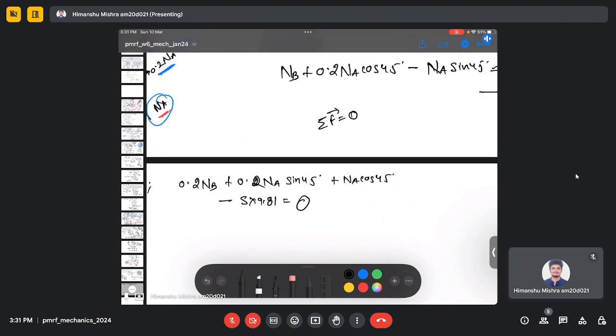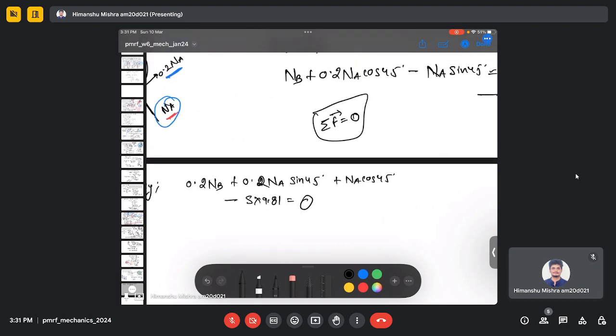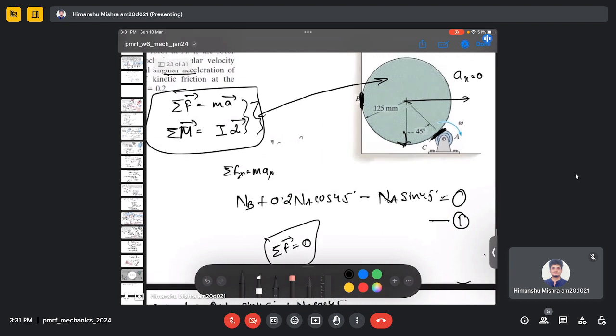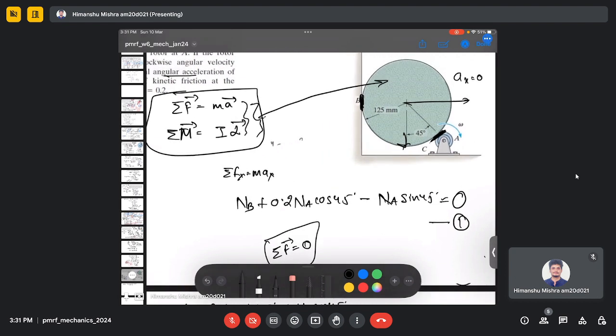But unlike in the force balance analysis, when we do the moment balance analysis, the summation of moment will not be equal to zero.